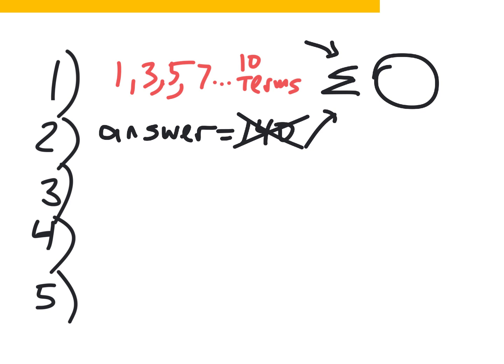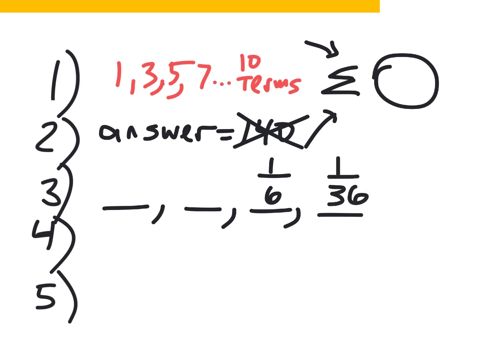Number 3. If you have a geometric, I guess I have to change this question, so don't do the one on the board because it already gives you the answers. I'm going to give you a different one. And we had 1/6 here and 1/36 here.